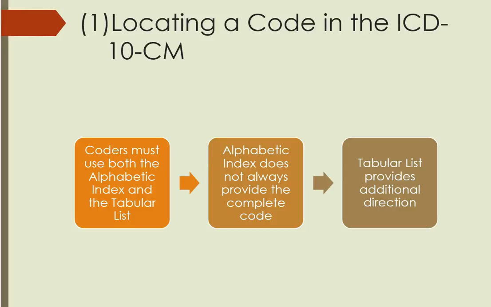Also, the alphabetical index does not always give you the complete code because, as you may recall, some of our codes have to be carried out to the 7th character position. The tabular list is critical in ensuring that you're capturing the most accurate, most specific, and most complete ICD-10 CM code.